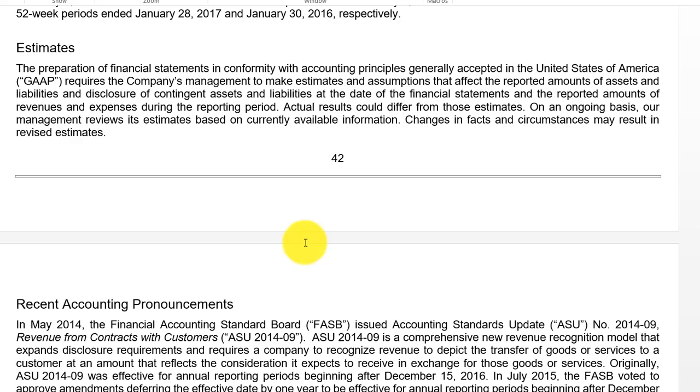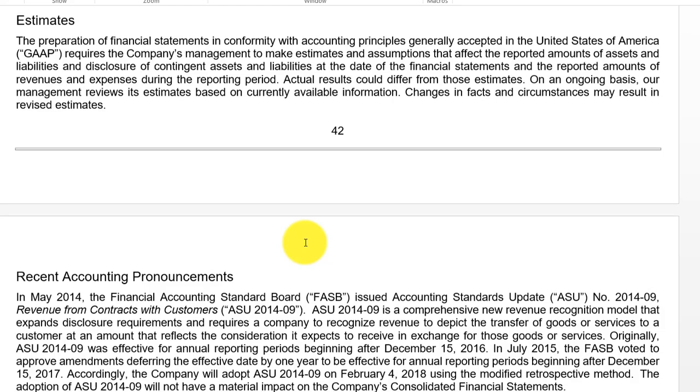We sometimes need to estimate the future. For instance, we may estimate how long an asset's going to last so that we can calculate depreciation. So this is to remind us that some of those things are happening, and that is to help us get information to make decisions now, because it would not be timely if we waited too long.